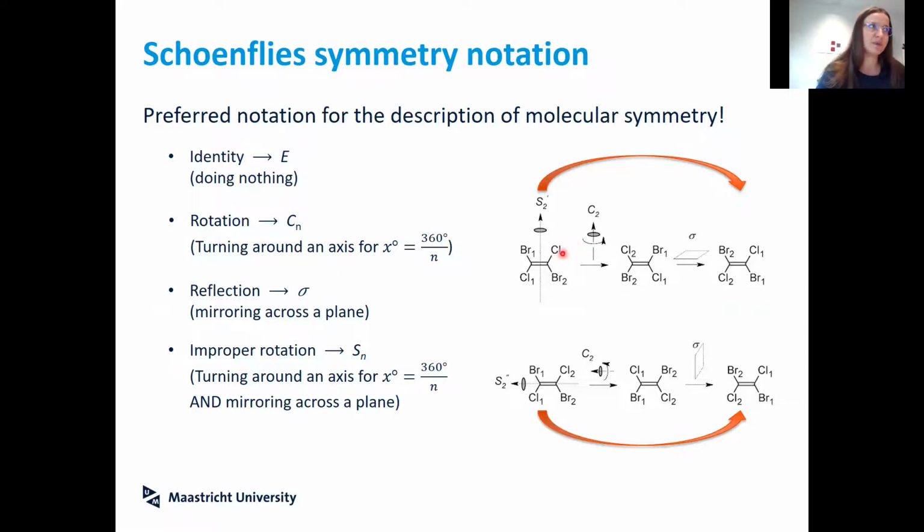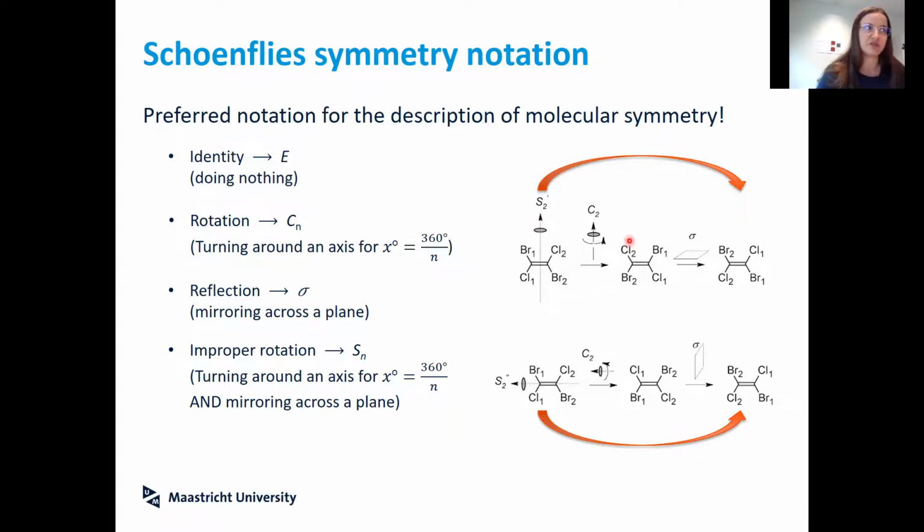Notice how this by itself is not a symmetry of the molecule. This molecule and this molecule are clearly different from each other. But when you combine this and this one together, then you have a symmetry of the molecule. Because if you do these two things together, you have a molecule that is fundamentally indistinguishable from the previous one.